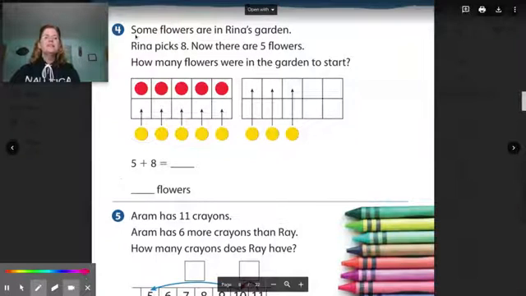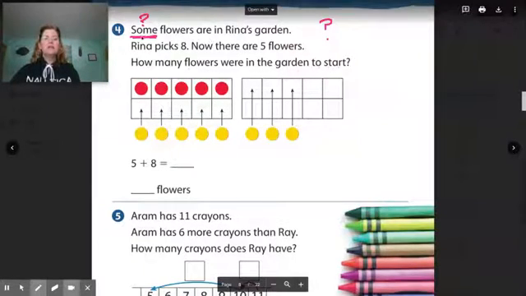Okay. Some flowers are in Rena's garden. Oh my gosh, you guys, some flowers. So that's our mystery number right off the bat. Whenever we see some, we do not know. Some flowers are in Rena's garden. Rena picks 8. Now there are 5 flowers. How many flowers were in the garden to start?